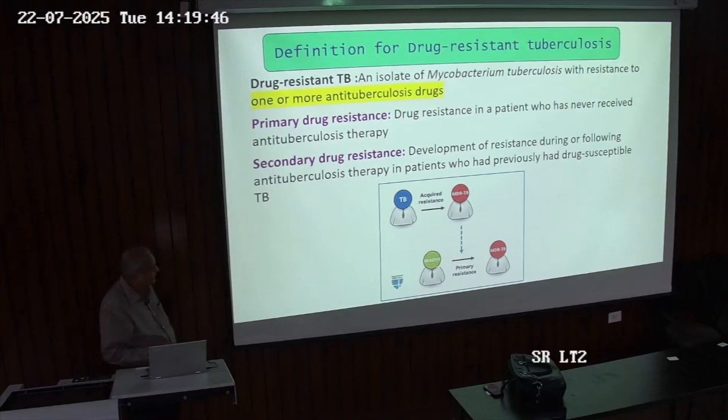So primary resistance is in a patient who has never had treatment, while on the other hand, you have a TB patient who has developed acquired resistance after use of anti-tuberculosis drugs.